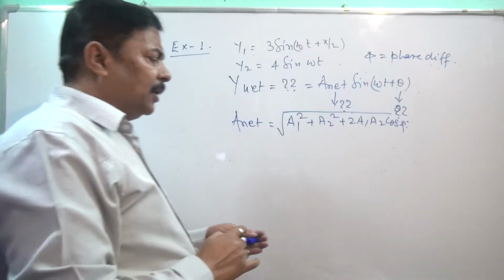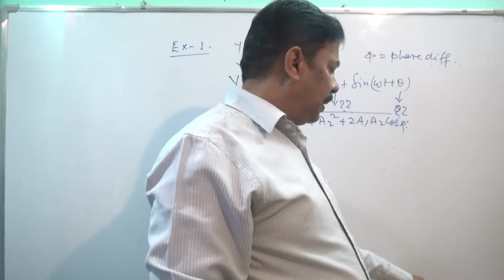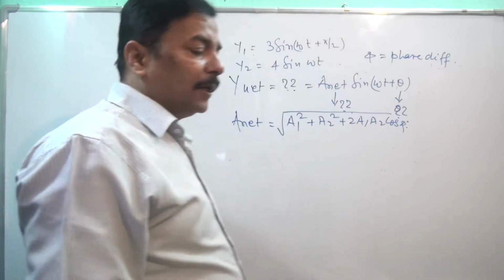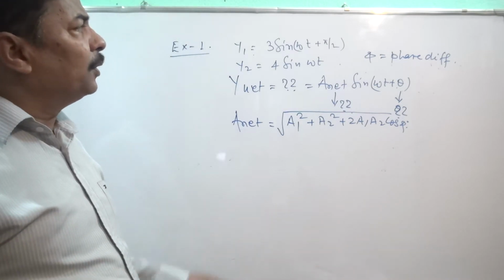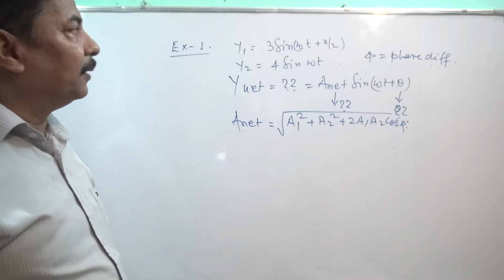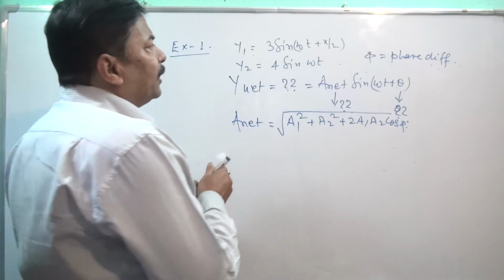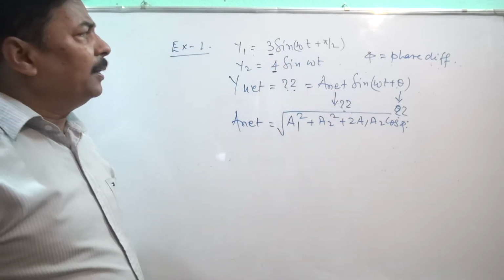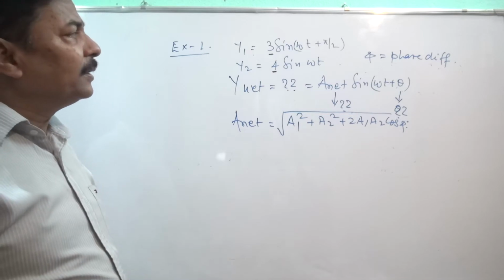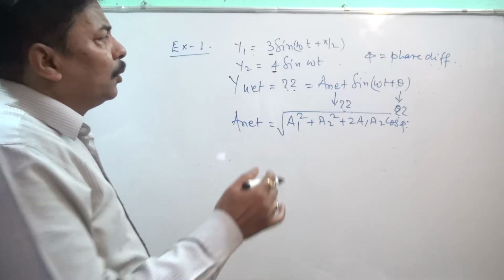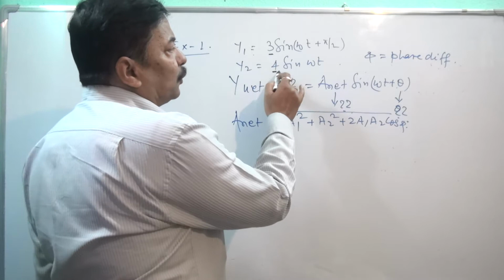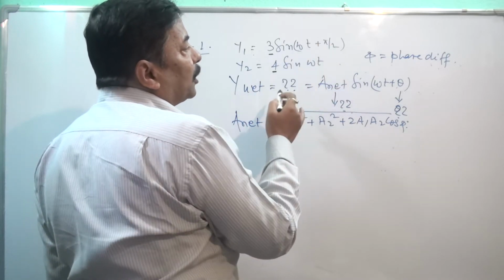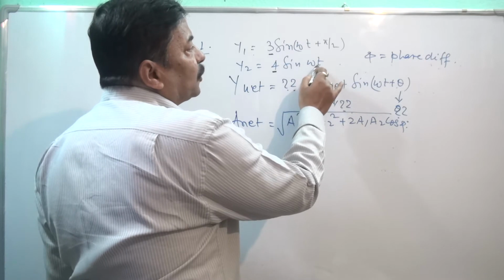Now the confusing part of this question is which should be considered as a1, whether this quantity is a1 or this quantity is a1. In deciding which quantity is a1, you have to take the one whose phase is smaller. So naturally the phase of this is smaller, this is omega t and this is omega t plus pi by 2.